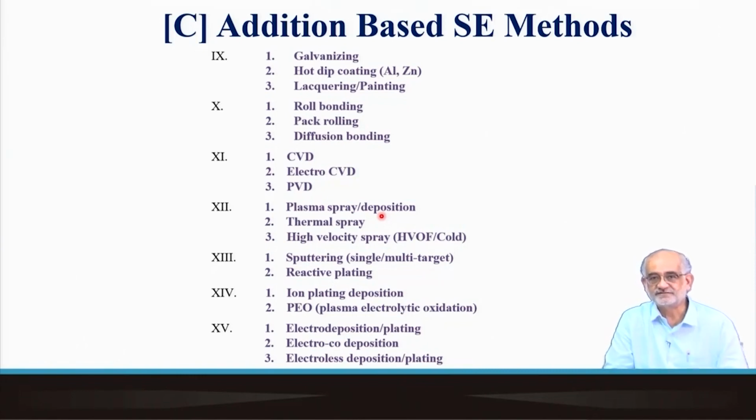So they stick to the surface and create a coating, and these coatings could be fairly thick. The novelty of such an approach is that in the limit, you actually can spray anything on anything. Whereas if you have to go by a chemical route or a thermal route or most of the other practices, then there are certain constraints or stipulations made by the thermodynamics of the process. In cold spray or high velocity spray, you actually can spray anything practically on anything.